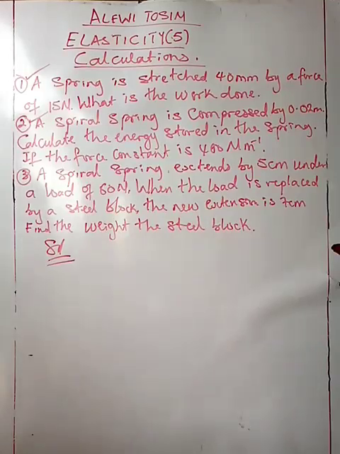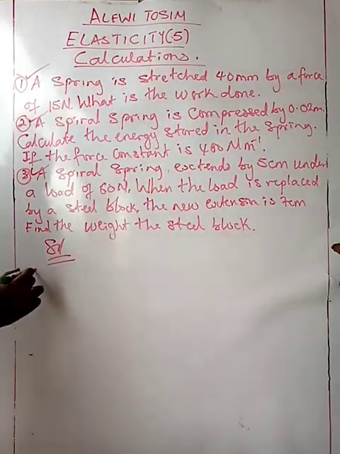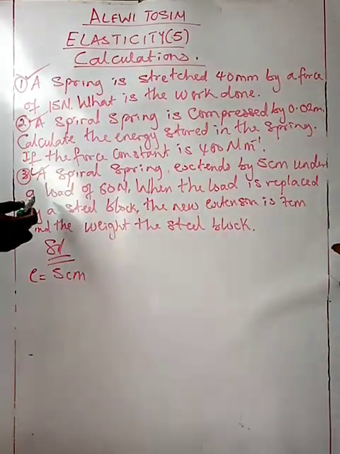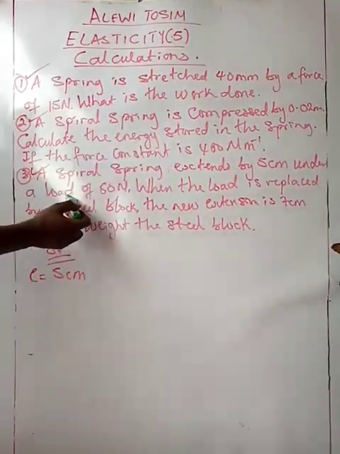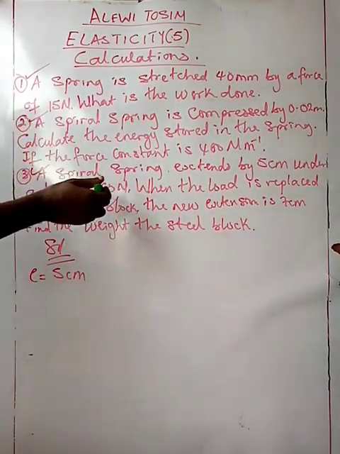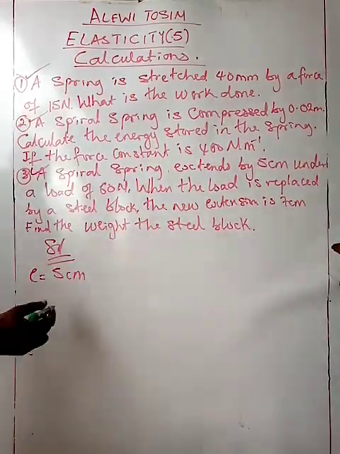Now, the third question. A spiral spring extends by 5 centimeters. Our extension is 5 centimeters, under a load of 60 Newton. Load is the same thing as force. Whenever you see any quantity given in Newton, you know it is a force.